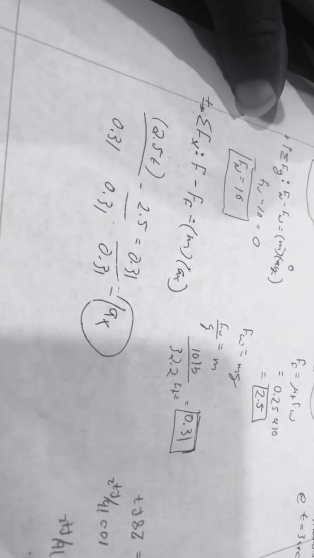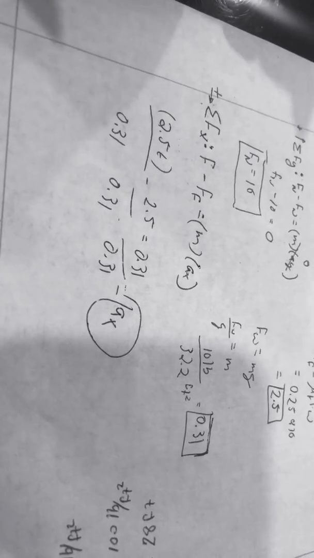So from here, this value will give us AX. I'll give you time to look at that. And then just to simplify a little bit more, all you have to do is 2.5t over 0.31 minus 2.5 over 0.31 equals AX.